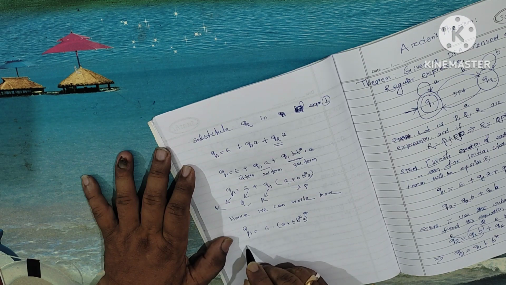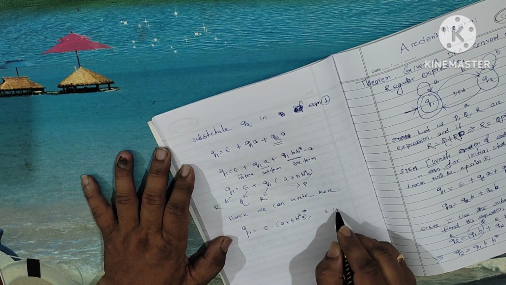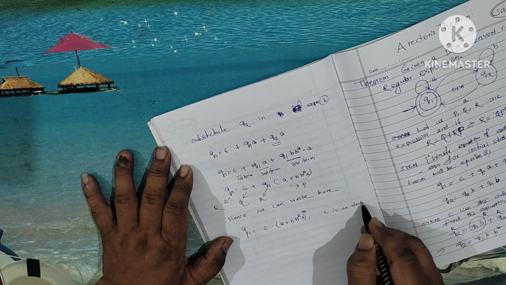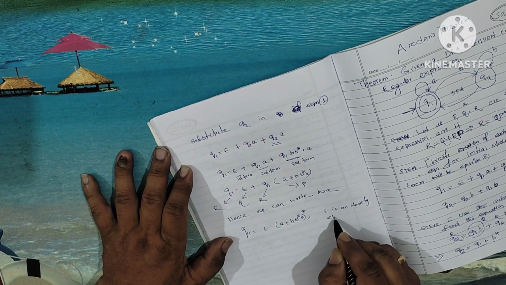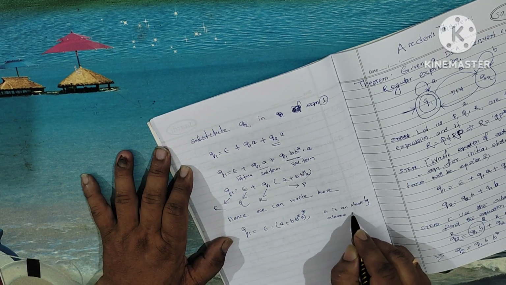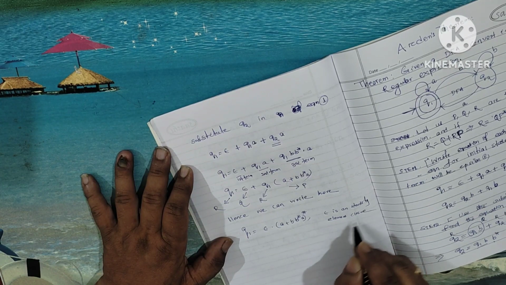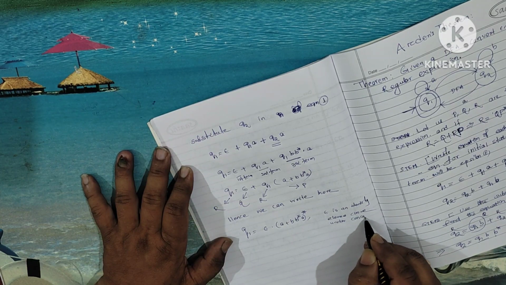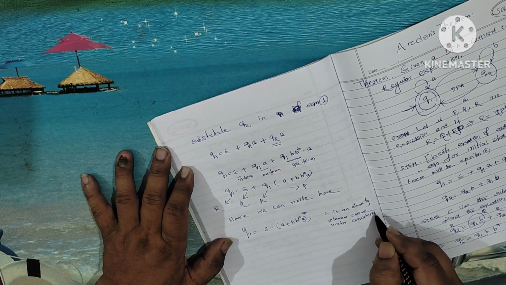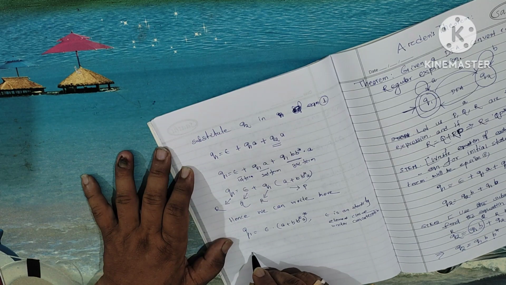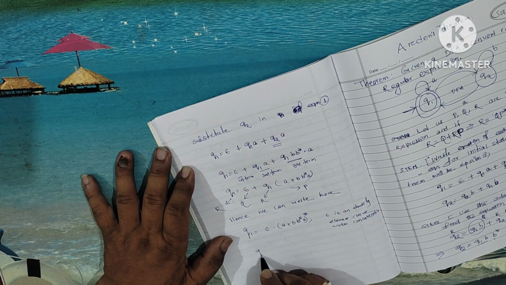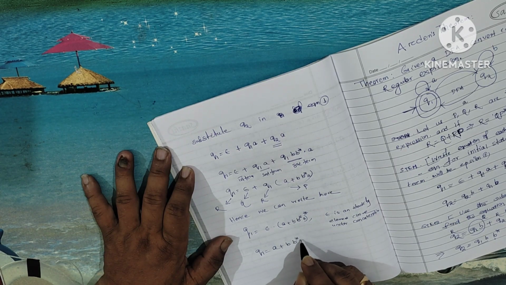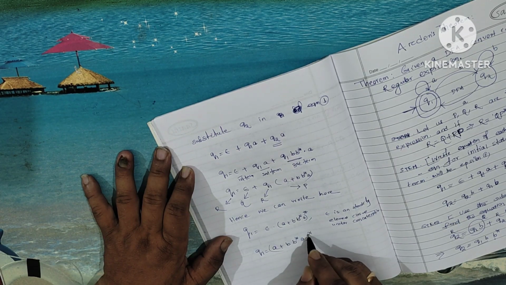And you know that epsilon is an identity element under concatenation. So we can write Q1 is equal to (A plus B star A) whole star.